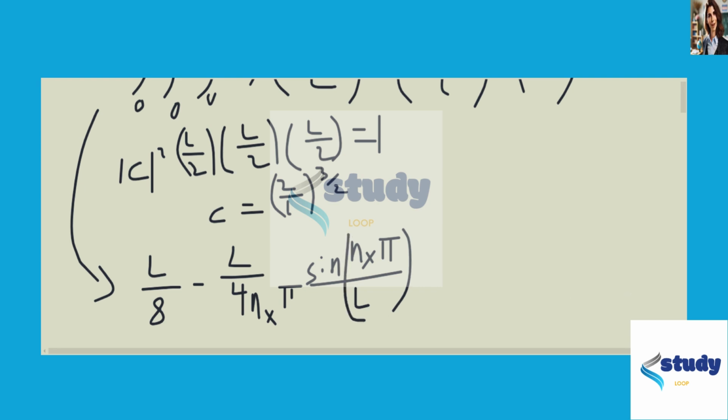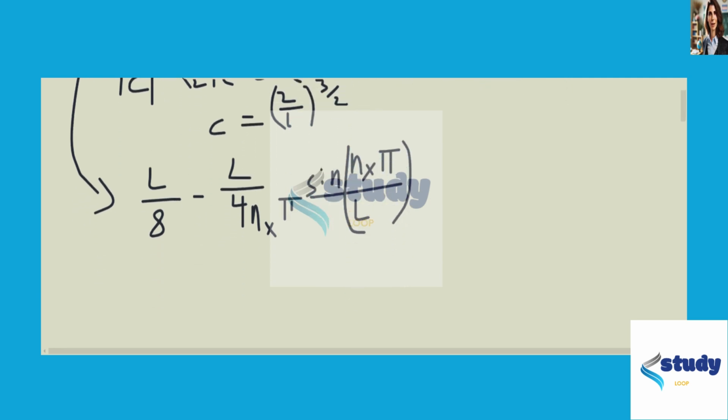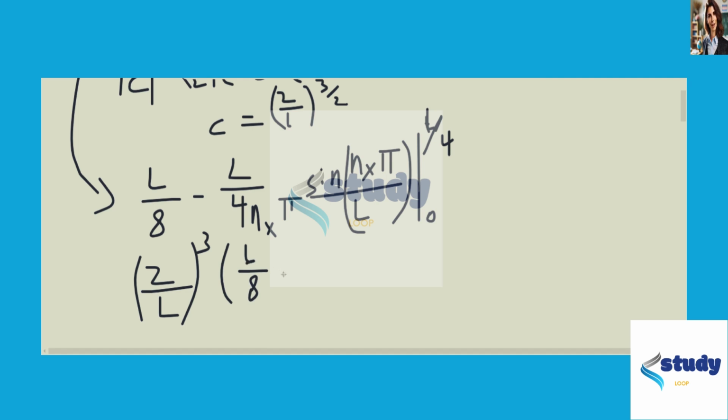So from 0 to L over 4, this becomes 2 divided by L to the third times L over 8 minus L over 4, all to the third.